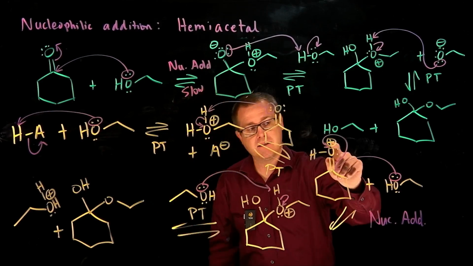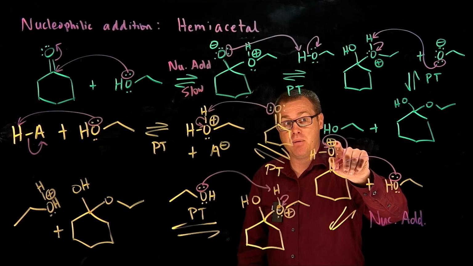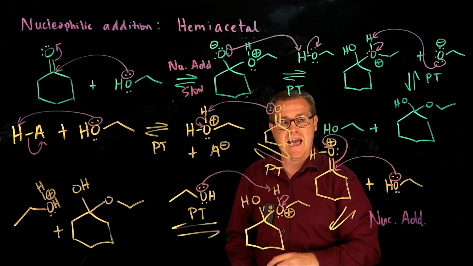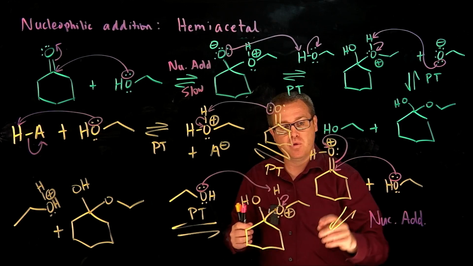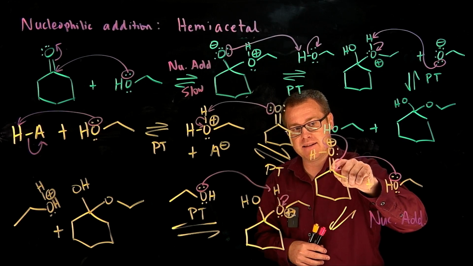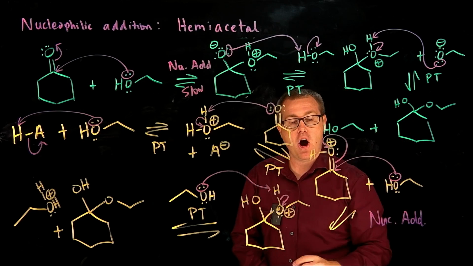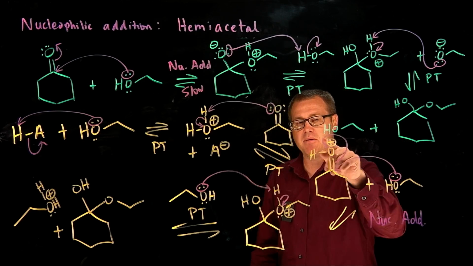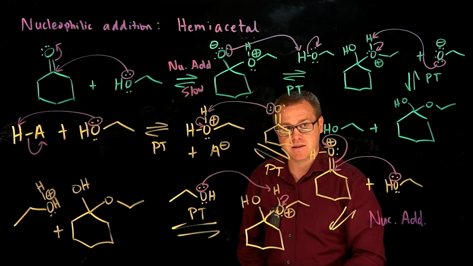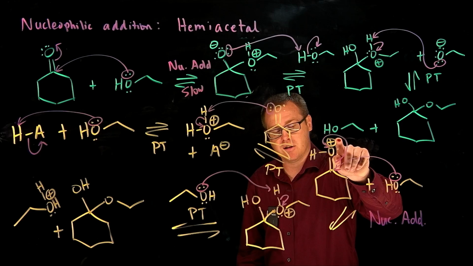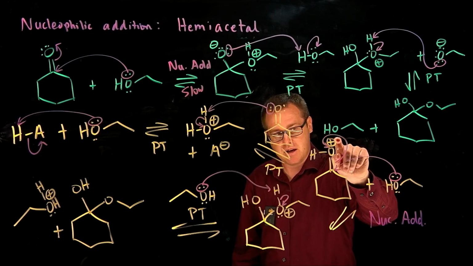Well, because when it's protonated, it has that positive charge on that oxygen atom. And so it's going to want to take some of the electron density between the carbon and the oxygen and put more of it onto the oxygen to help stabilize the positive charge on the oxygen.